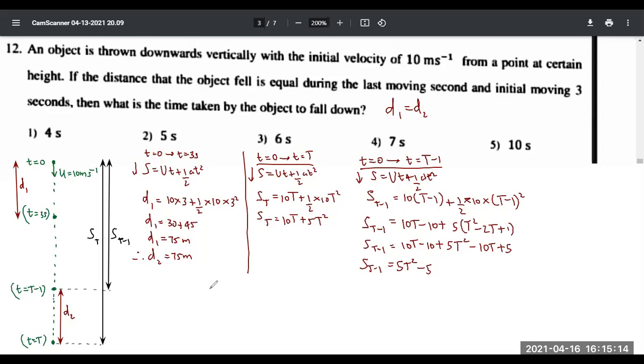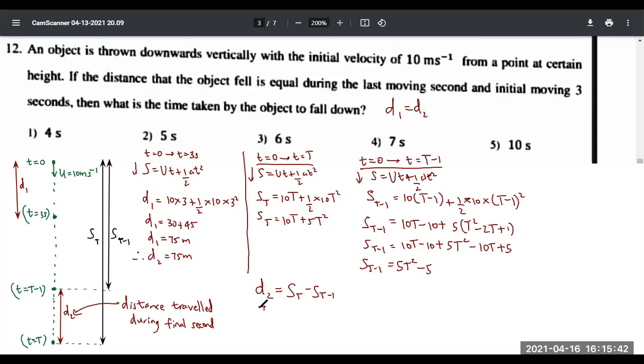Just small maths. And now d2. d2 is our concern, the distance traveled during the final second. Right. So d2, we know, is equal to S(T) minus S(t-1). The total length, from that you subtract the other length.